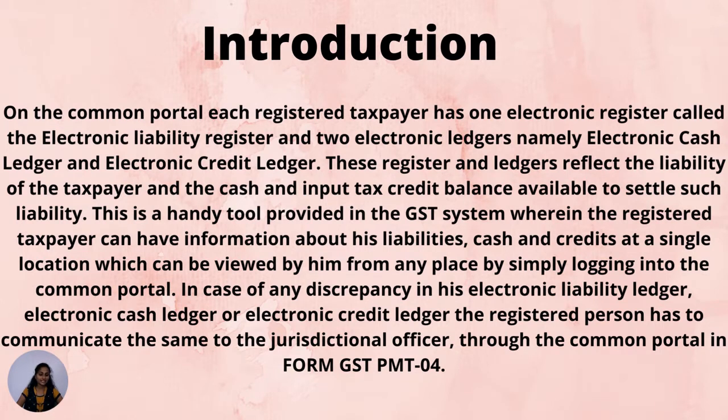In case of any discrepancy in his electronic liability ledger, electronic cash ledger or electronic credit ledger, the registered person has to communicate the same to the jurisdictional officer through the common portal in form GST PMT 04. These ledgers reflect the tax liability of the taxpayer and the cash balance and the input tax credit balance.